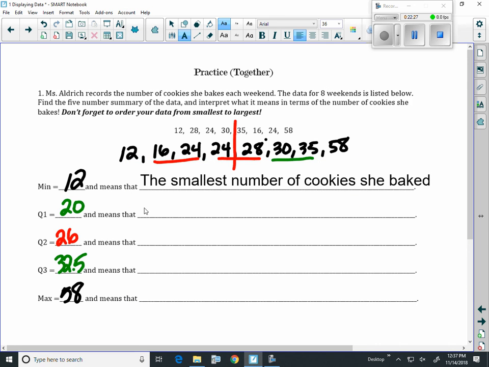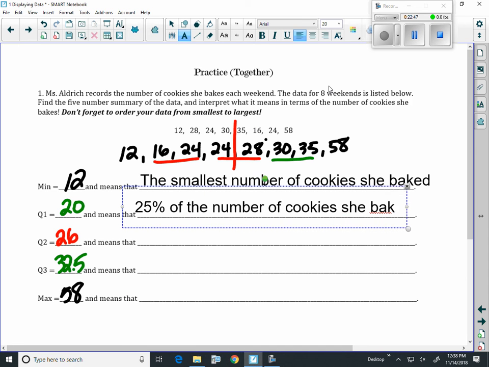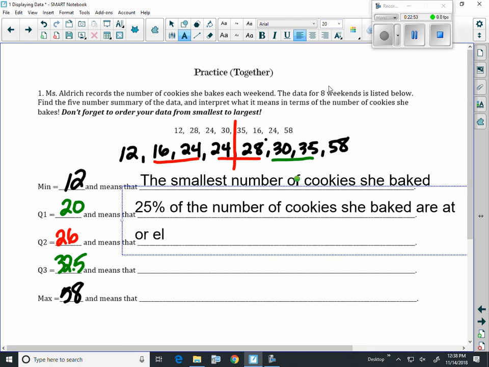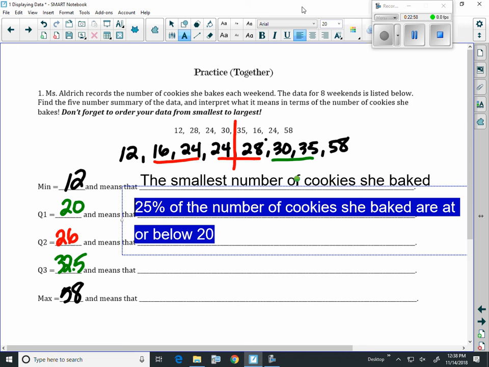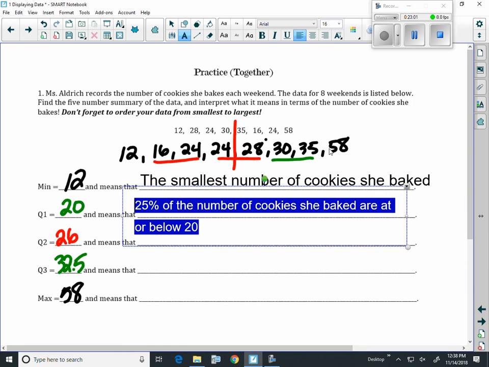Okay, what does 20 mean? 25% of the number of cookies that she baked are at or below 20.